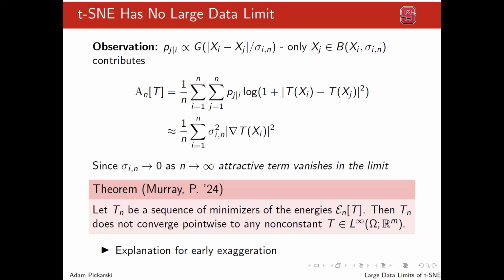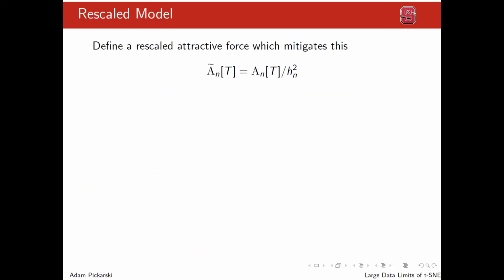To us, this is verification of our theorem, which says that asymptotically the attractive forces vanish. So in order to compensate for that, of course, they have to turn them up in the early stages of the algorithm.